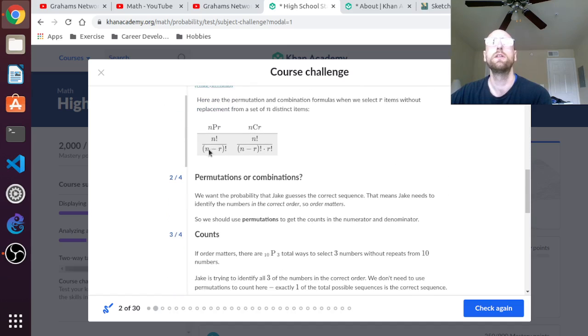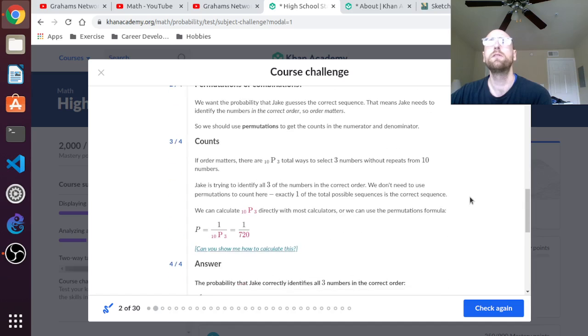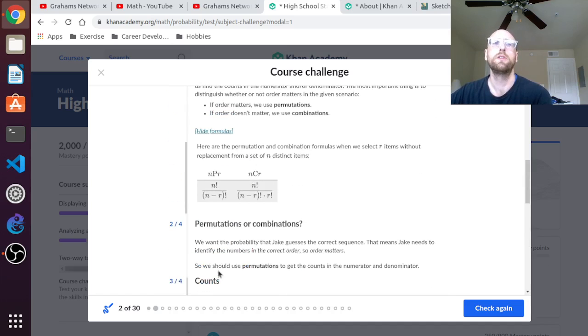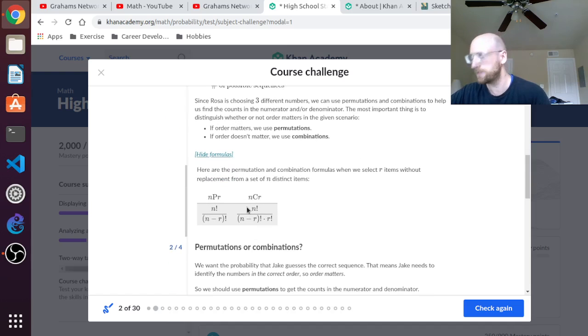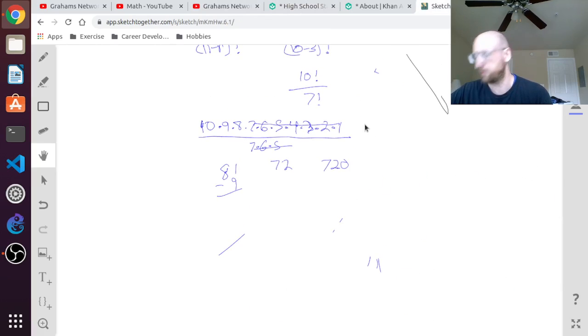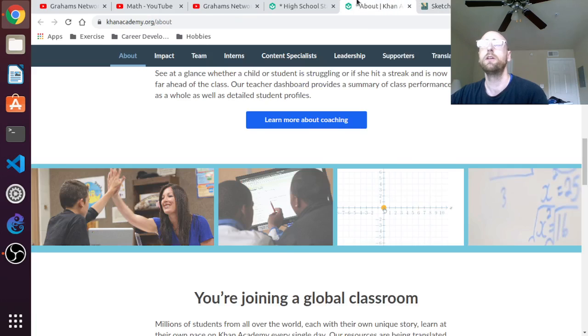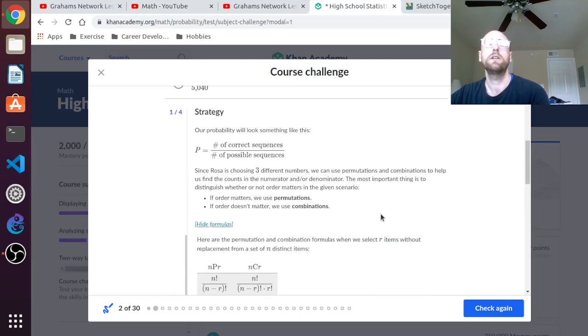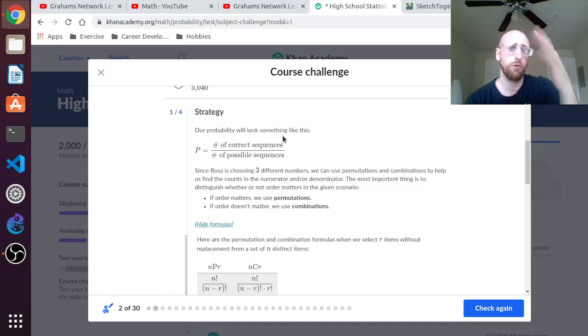So, yeah, the probability equals... what we did here was not to find the probability. The probability does not equal 720. What equals 720 is the number of possible sequences. The number of correct sequences: there's only one correct sequence, trying to match the one sequence that was drawn.